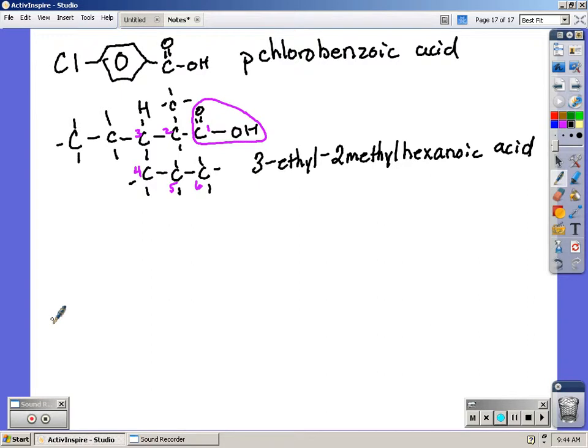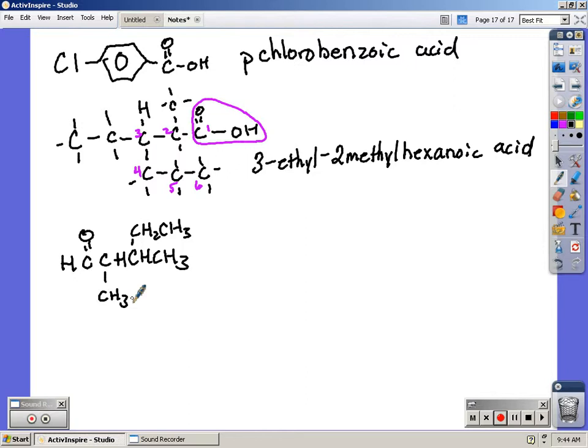Alright, one more. We want to have the longest chain of carbons possible, and we want our side groups to be on the lowest possible.